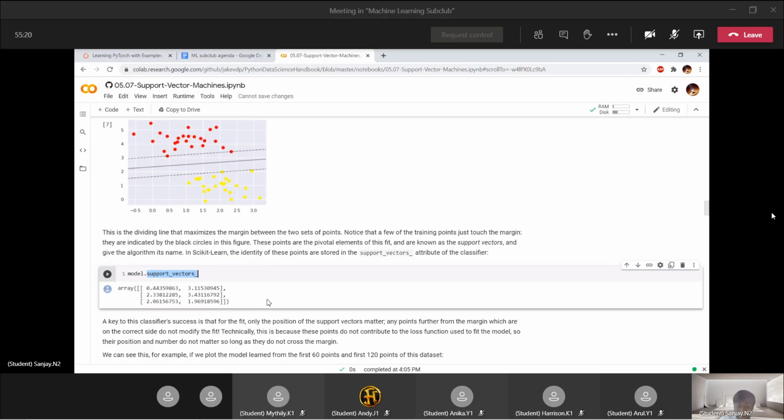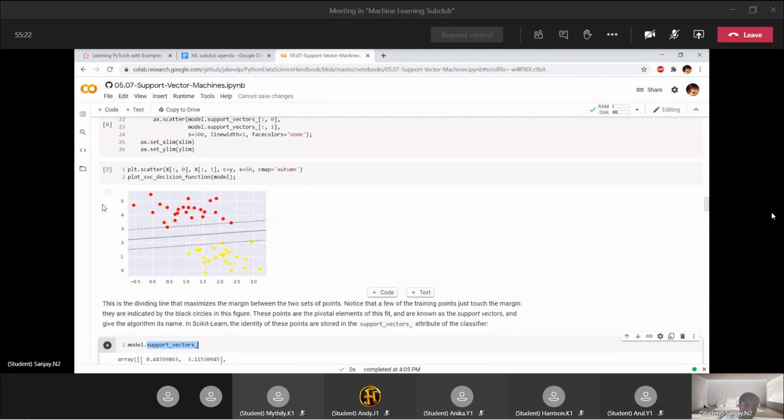And currently, they're two-dimensional, right? Because we're working with two features. But once you get to n dimensions, we'll have n dimensional support vectors.